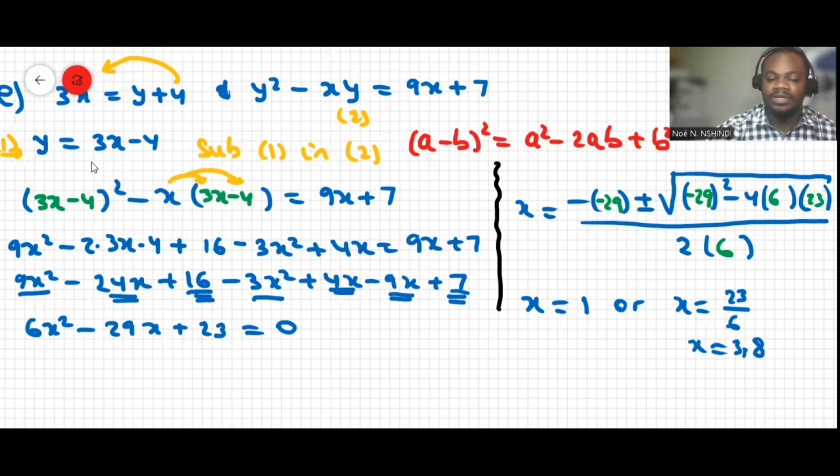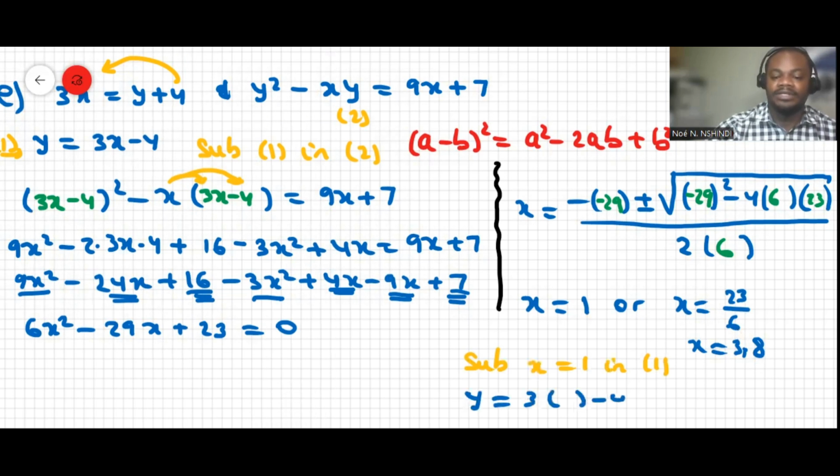So we sub x equal 1 in 1. That's going to be y equal to 3x minus 4. We sub x is 1. That makes y equal to negative 1.